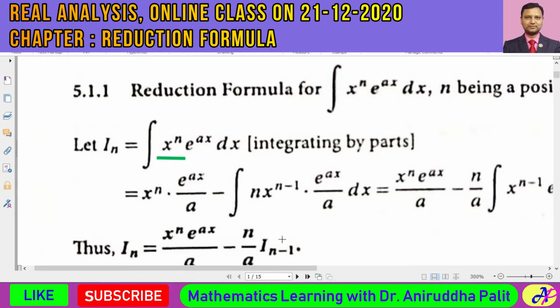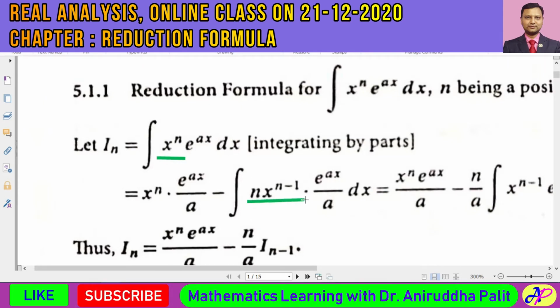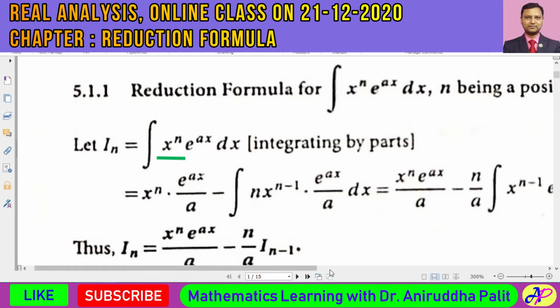Then minus, this is the derivative of x to the power of n, derivative of first function, n into x to the power of n minus 1. Then integral of second function, e to the power of ax divided by a.